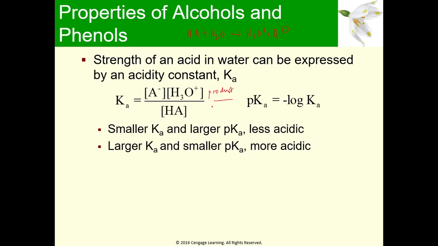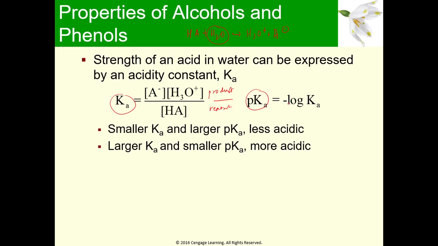So, products siya all over the reactants. And sa reactants, hindi natin sinasama ang water. So, the Ka is just the product of the concentration of the A minus times the H3O+ all over the concentration of your HA. And if we get the negative log of Ka, we will call it the pKa.